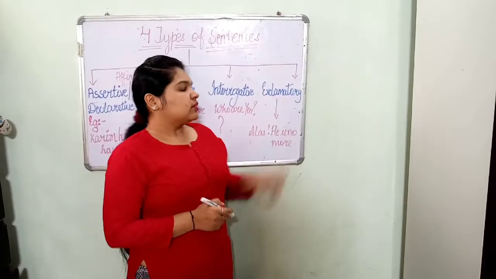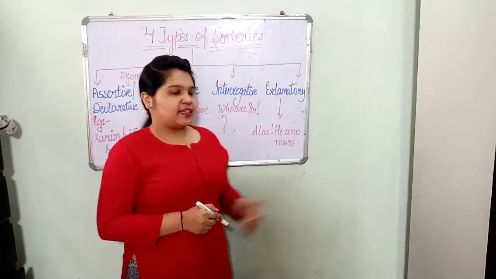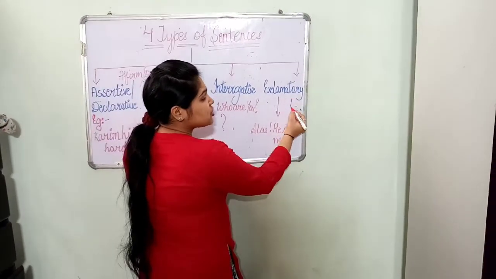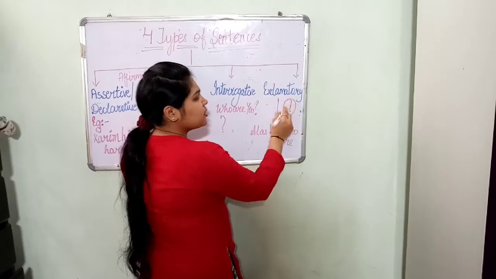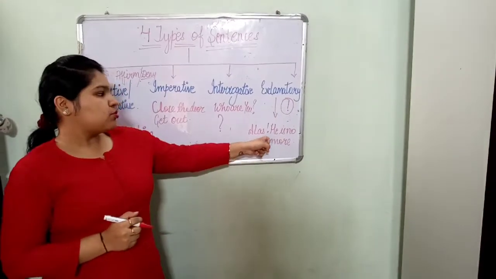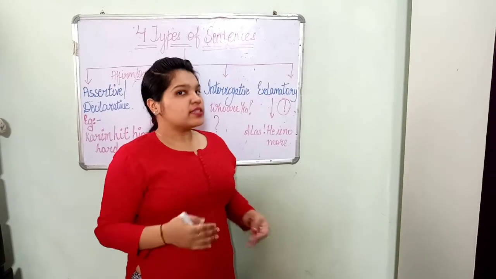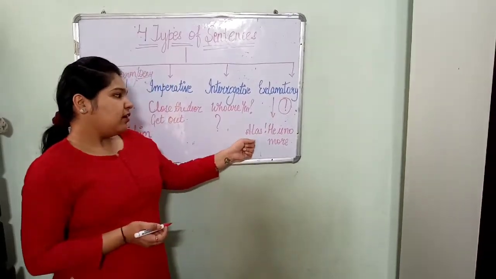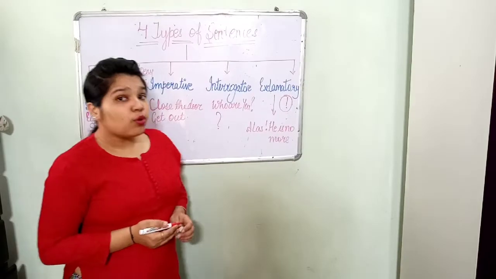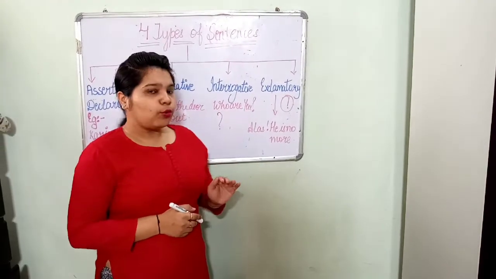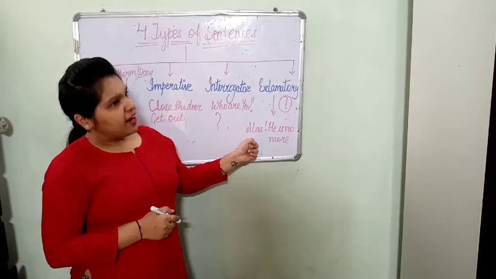Now the fourth one is the exclamatory sentence. In an exclamatory sentence, the exclamation sign is used after a word to express one's feeling. Like, alas, he is no more, meaning he is dead, he is no more now. So what do we say? Alas.